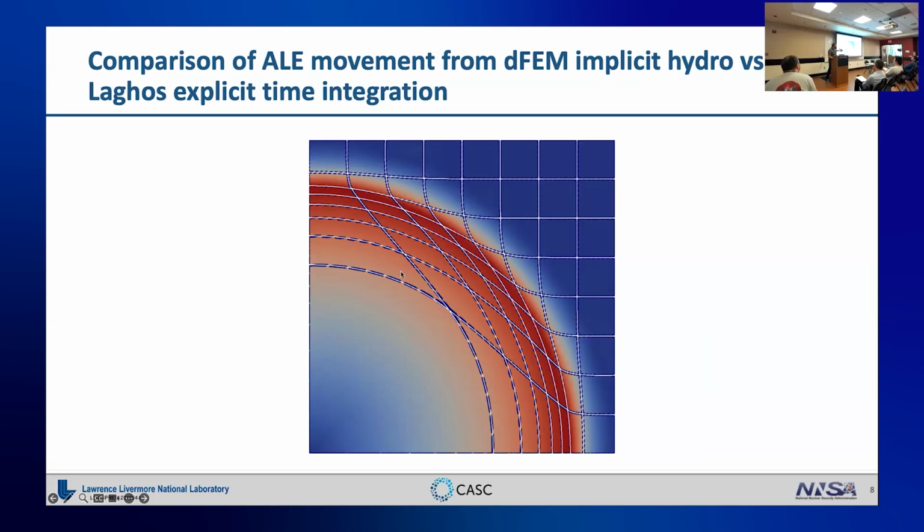The dashed lines are the original explicit code, and the white solid lines are the implicit overlaid. The shock position is a little skewed, but like eyeball norm is fine.